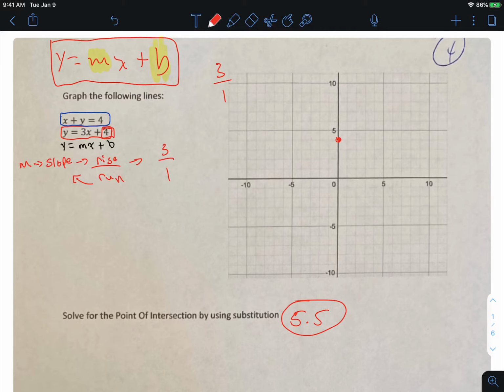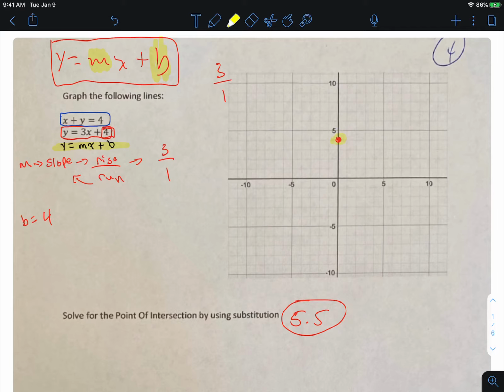That's where you start. Once it's written in the black form here, you just go find B and it goes on the graph right there.